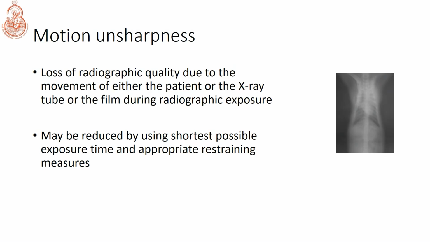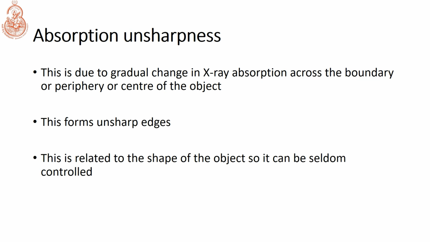For this reason, we can do chemical restraining of the animal. We can also reduce the exposure time as much as possible, so that the blurring, the motion unsharpness, can be reduced.